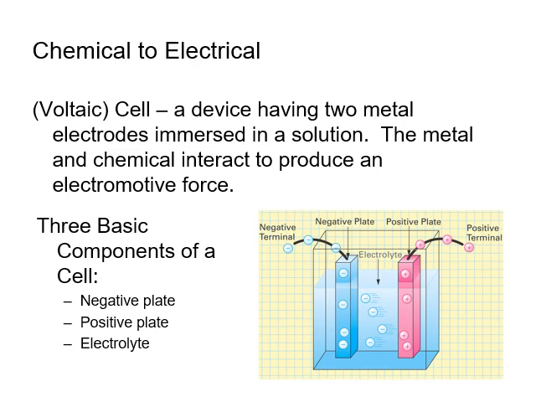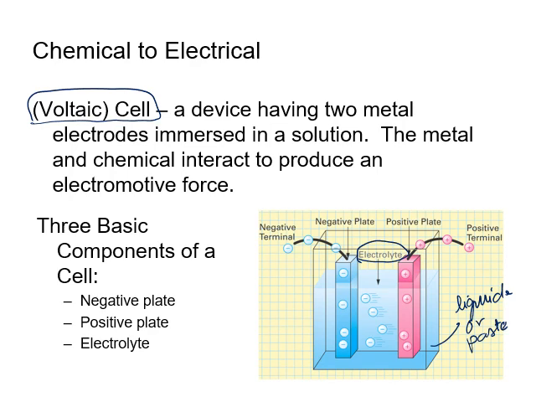The chemical to electrical conversion is the basic battery we all use, called the voltaic cell. It has three basic components. The electrolyte in here, which could be liquid or what we call paste, and we'll explain that later.